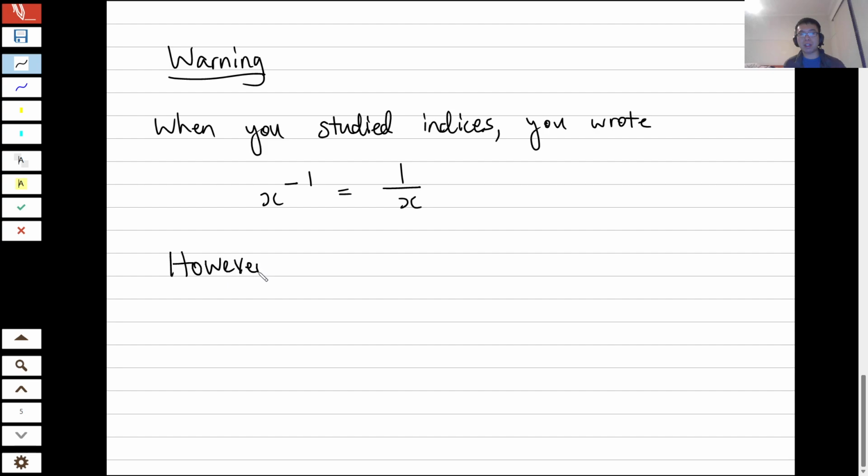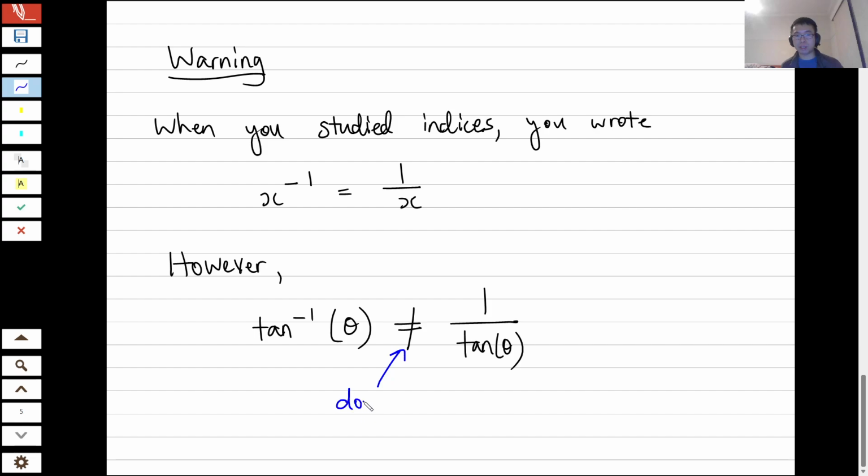However, if we say inverse tan of theta, it is not the same as 1 over tan theta. So just bear that in mind.